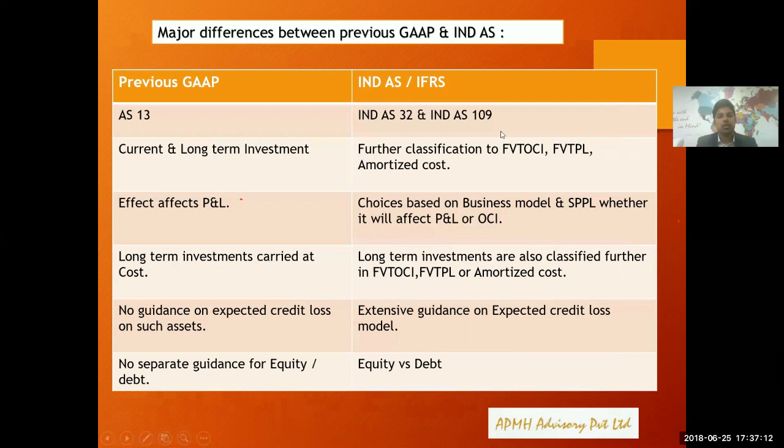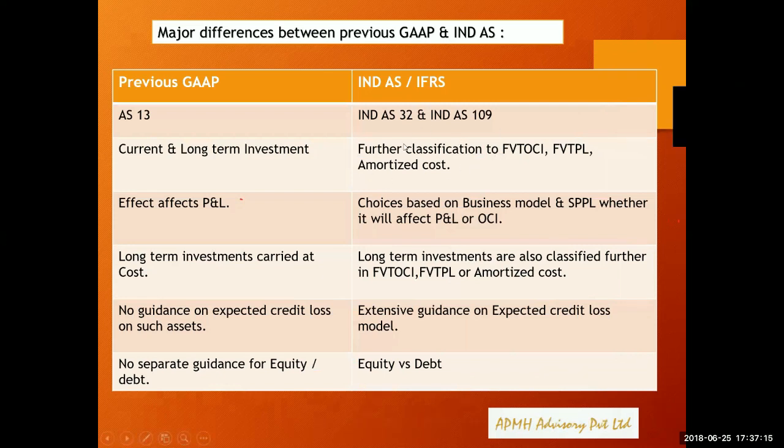Now you can see in the second row there is a further classification of FVTOCI, FVTPL, or amortized cost. So these three types of classification are there. Earlier, the effect was only on P&L. Now, based on your choices, it may affect P&L or OCI. So your EPS is now at your option, based on your business model test and of course the SPPI test.